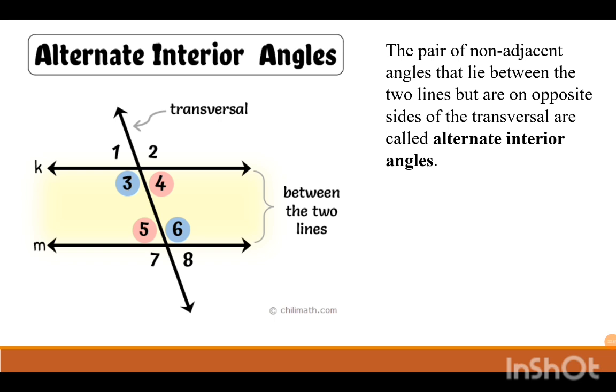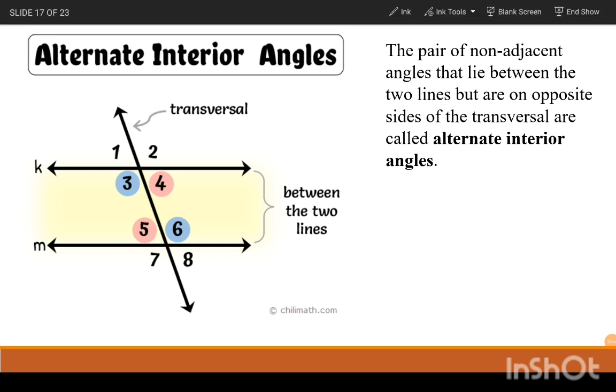Since they are alternate interior, we look at the angles in the interior part. One is 3, on the left side, 6 is on the right side, one above, one below. The next pair is 4 and 5. Alternate interior angles are also equal.